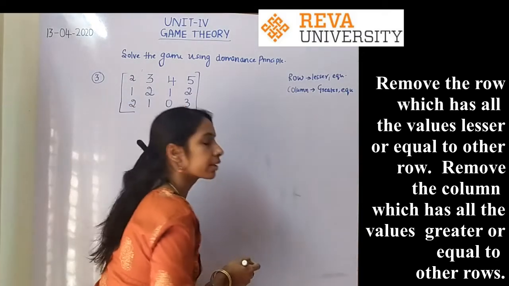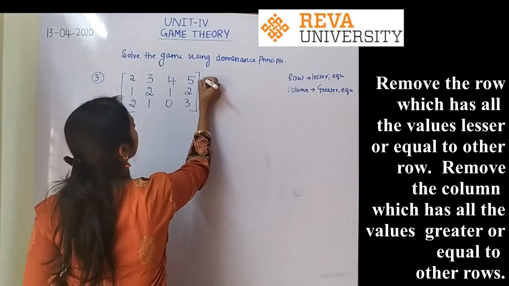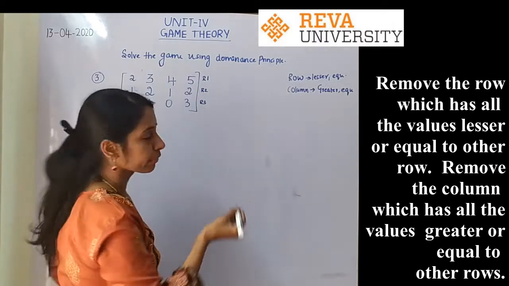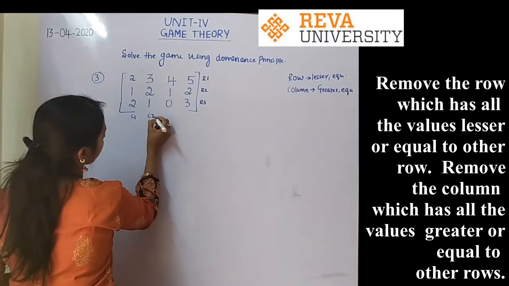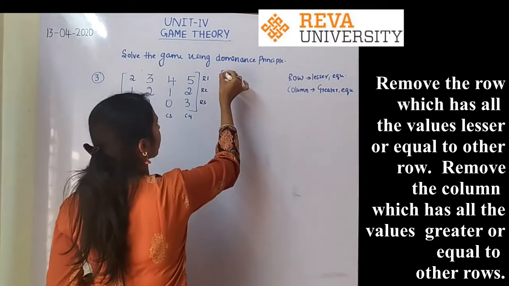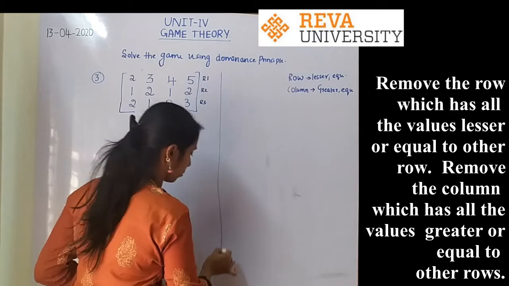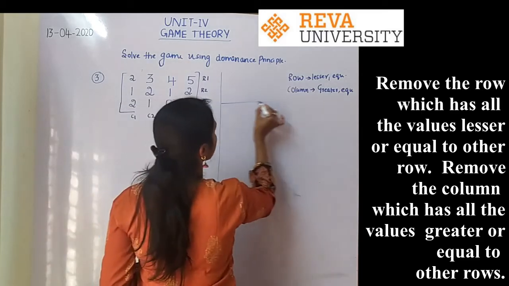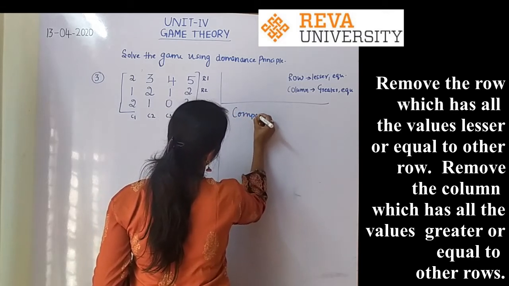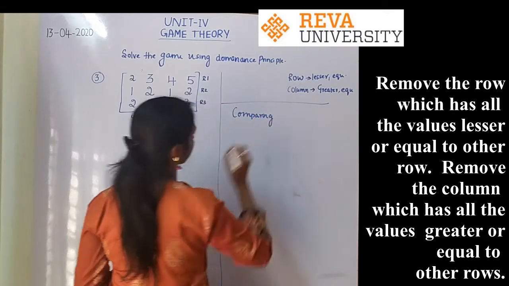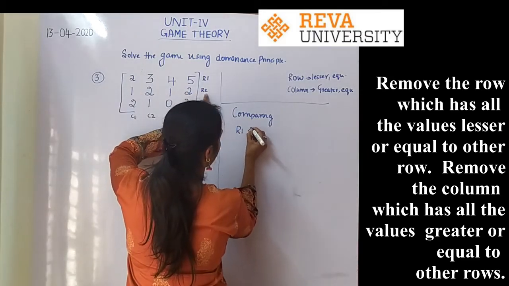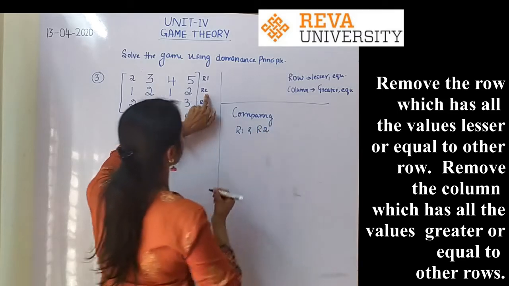Now start comparing. This is row 1, this is row 2, this is row 3. Then column 1, column 2, column 3, column 4. Now I will write here all the comparisons. So first comparing R1 and R2.